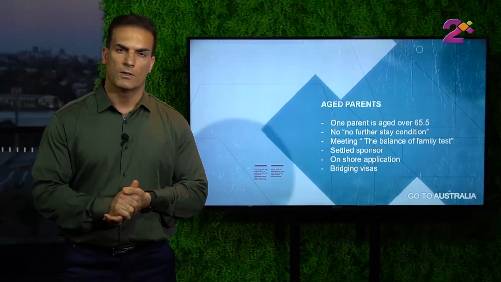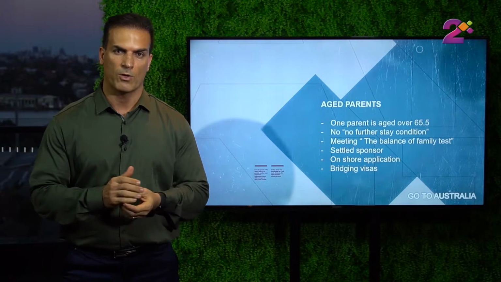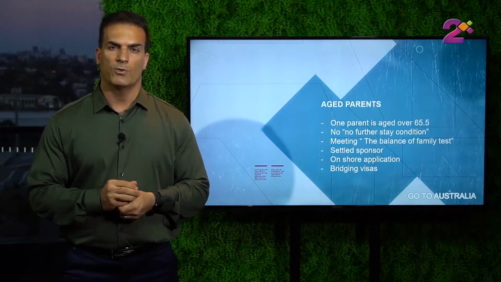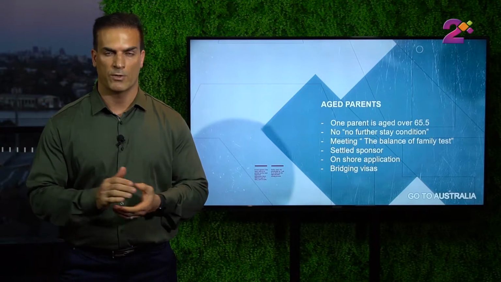So what's the benefit in applying for aged parent visas? The main benefit is that you can apply in Australia, what we call onshore application, and you will get a bridging visa for the visa you apply for.